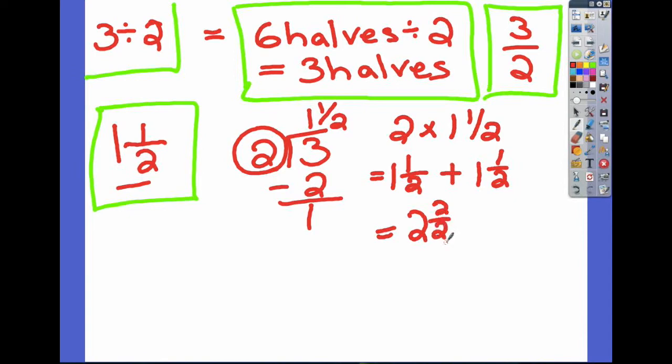Can that be reduced? What happens now, Brianna? That equals 3. Did I get the same number as what's inside the box? Yeah, that means that I did it correctly. This is part of your homework. You have to check your work.